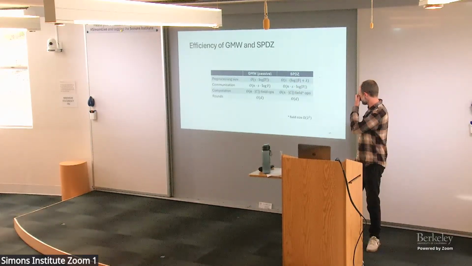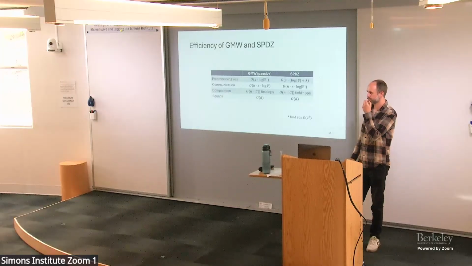So you can think of SPDZ as a different way to turn GMW from passive to active, rather than a totally different protocol. Exactly, yeah, with preprocessing, just like GMW was not using preprocessing. Yeah, it depends. I guess basically it's using OT, which you can see as preprocessing if you like.